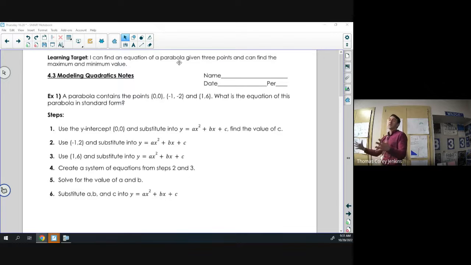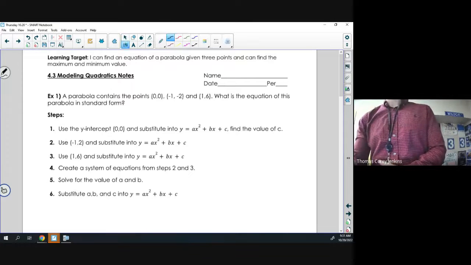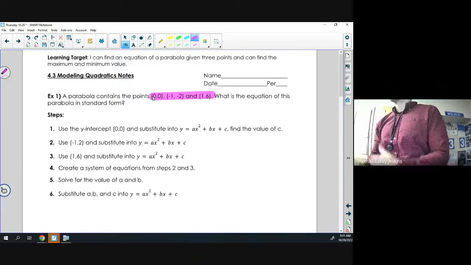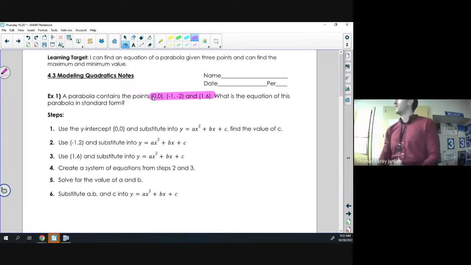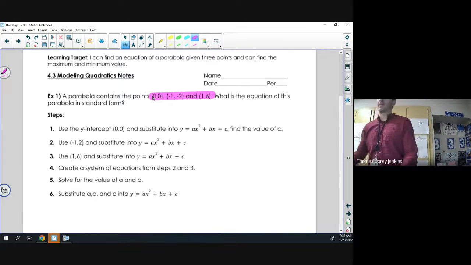But that doesn't work necessarily for this one, because if I look at my 3 points, it's not obvious, unless they tell me, is one of these my vertex? Maybe, but I don't know. And also, if we had to go from vertex form to standard form, that's a whole other can of worms, which is doable, but anyways, this is just a different strategy.